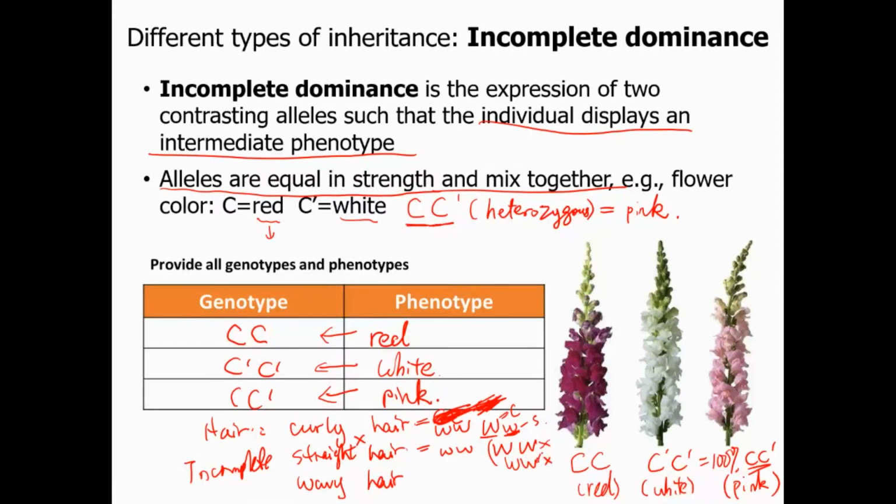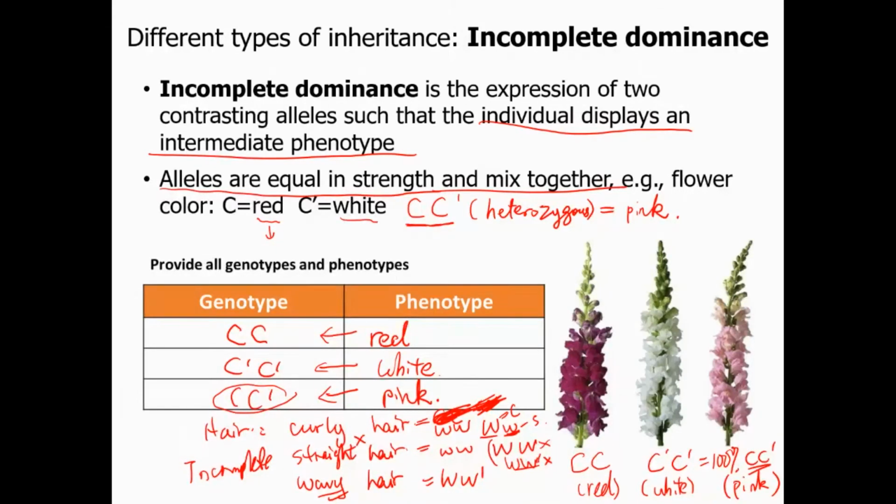Nope, because W prime would be an intermediate trait, an intermediate phenotype. It wouldn't be curly hair, it wouldn't be straight hair, and instead it's going to be wavy hair, all right?